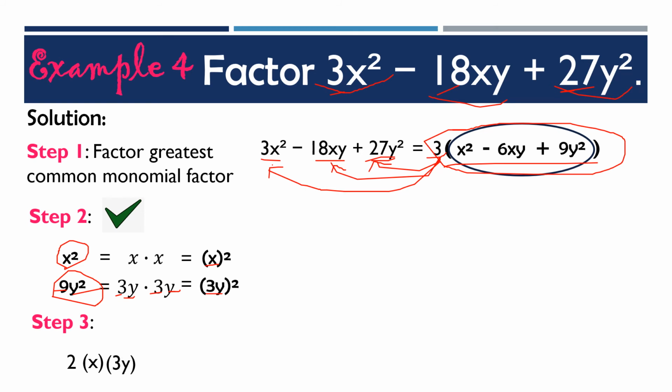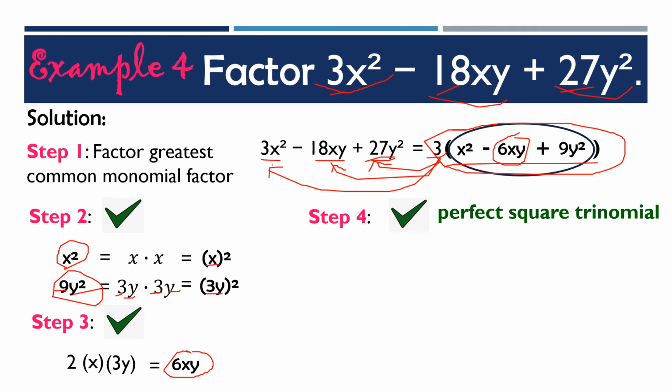So 2 times 3 is equal to 6 times the variables x and y. Is this the same expression as the middle term? So in step 4, we can say that this expression is a perfect square trinomial. So we can proceed with step 5, which is factoring the perfect square trinomial.